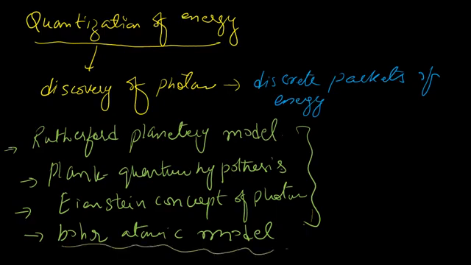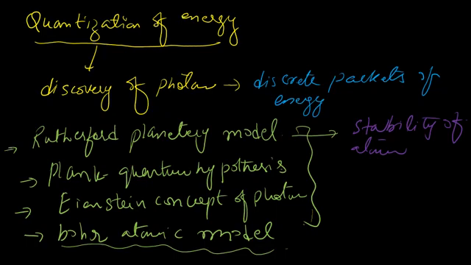model. In the Rutherford atomic model, Rutherford gave an atomic model in which the electron circulates around the nucleus, but he could not explain the stability of the atom.